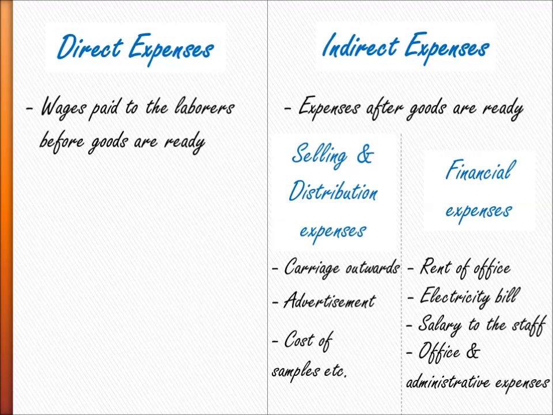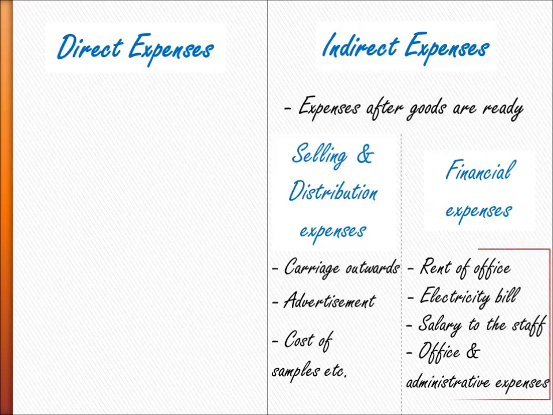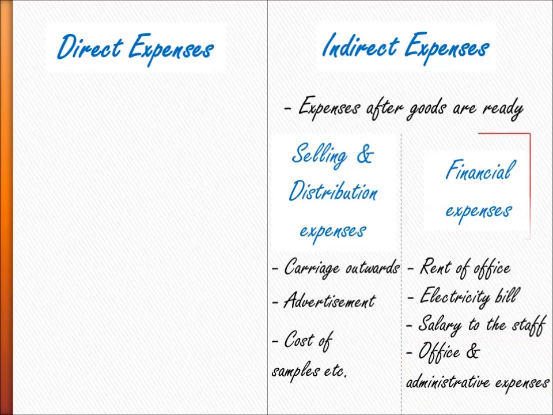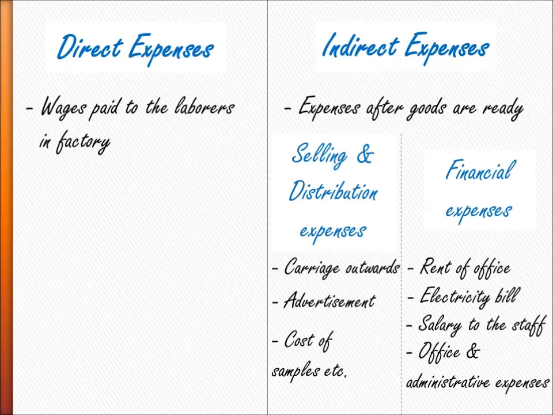All expenses are indirect expenses: salary to the staff, electricity of the office, fuel of the cars, manager's salary, rent of the office, etc. So in indirect expenses, we cover selling and distribution, office and administrative, and financial expenses.